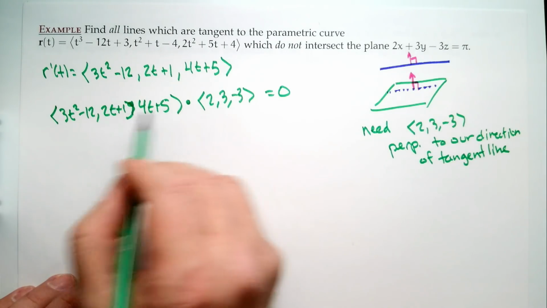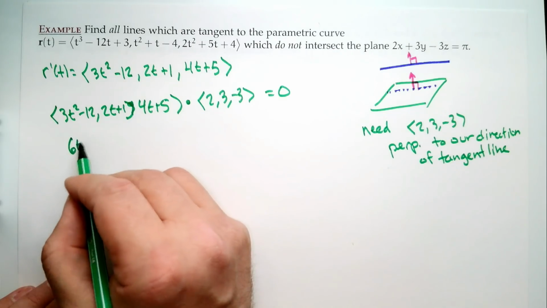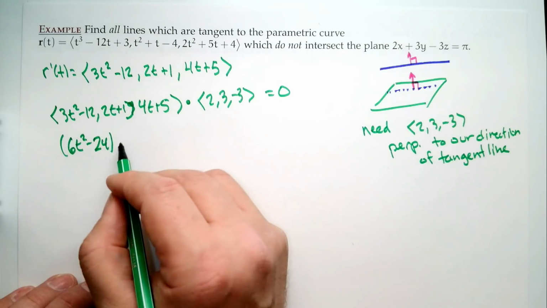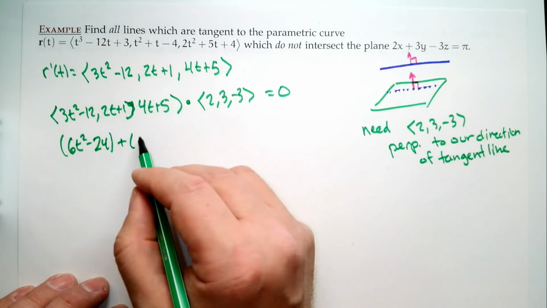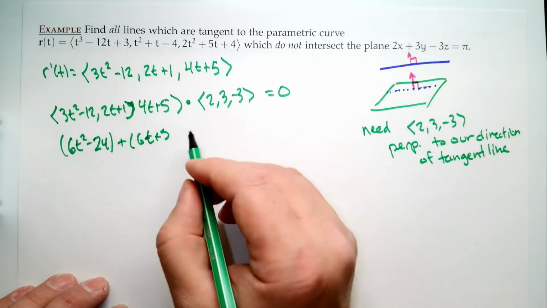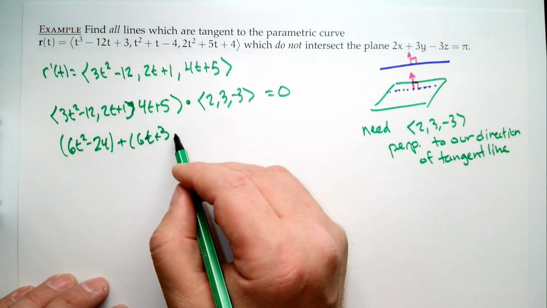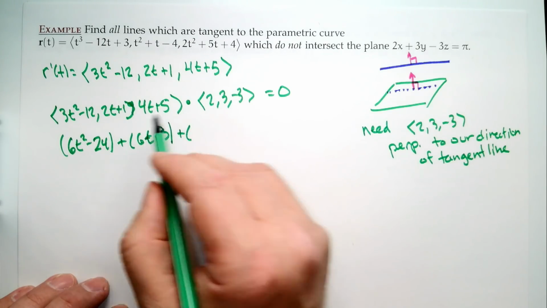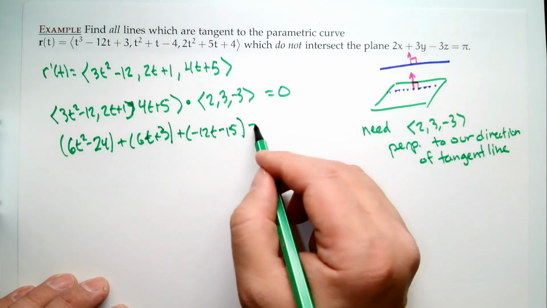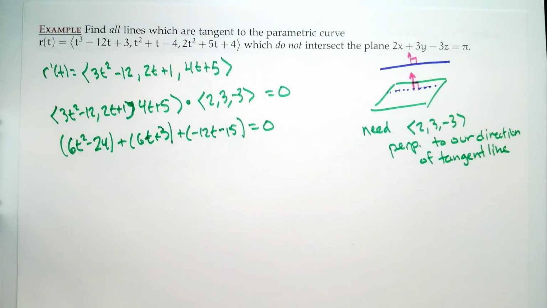So multiplying these together, we'll get 6t squared minus 24, that's the first two, plus 6t plus 3, that's the second, plus minus 12t minus 15 has to equal 0.